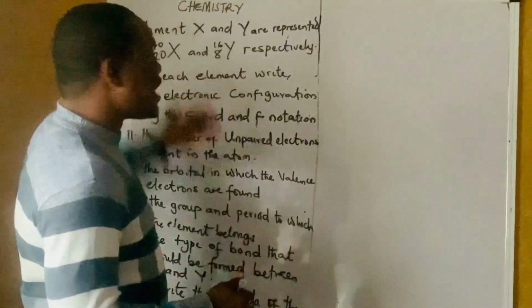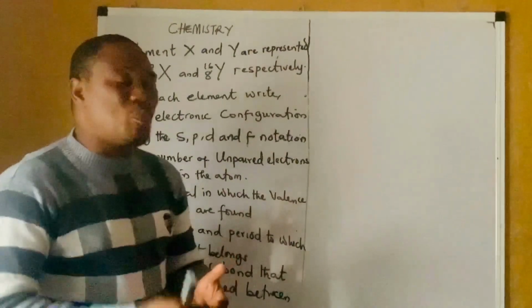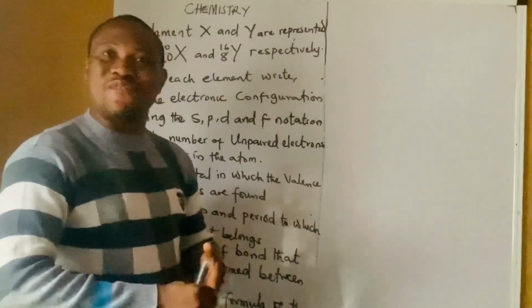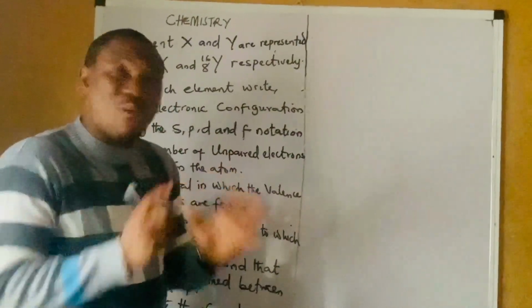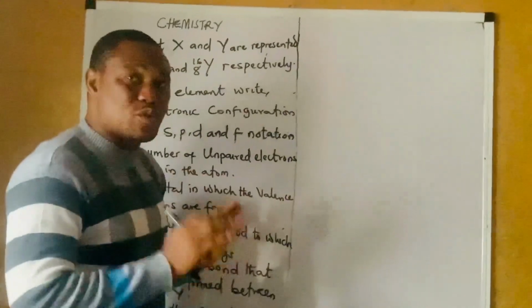Imagine you don't understand electronic configuration: you cannot do chemical bonding, you cannot do the periodic table, you cannot do oxidation number, you don't understand valency, and these are what just that topic electronic configuration covers. So I'll be doing teaching alongside and explaining how to actually answer the question.